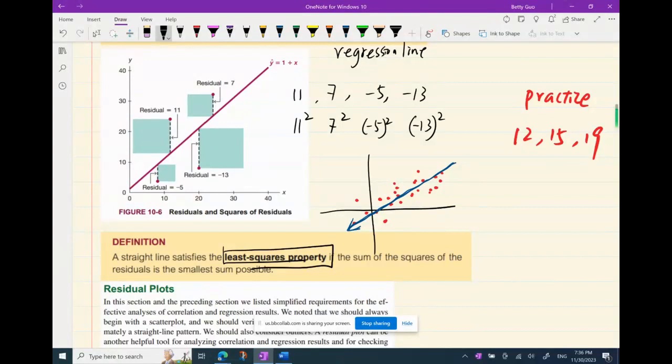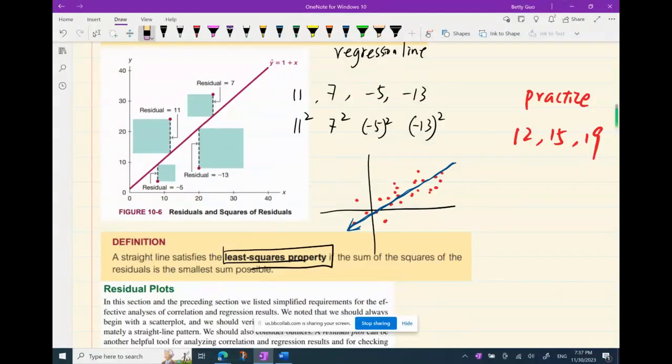If we do not square them and only add them up, then the negative and the positive could cancel each other. That will distort the variation of those points from the straight line. So that's the reason we have to square them.